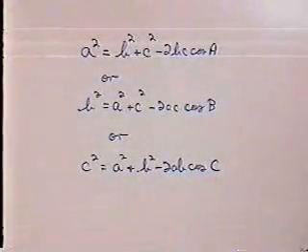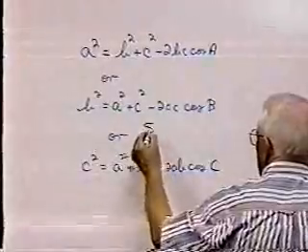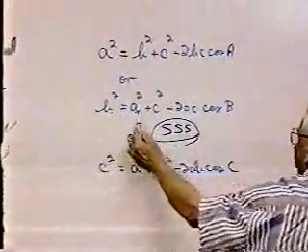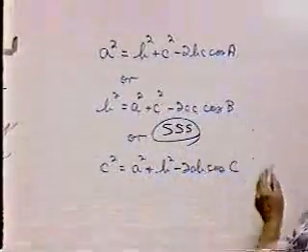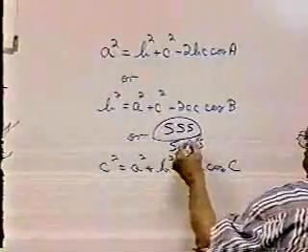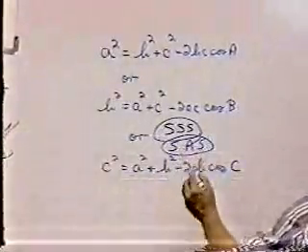Now, the law of cosines is only good if you're given 3 sides, because you can plug it in here, here, here, and here and go find the angle. Or if you're given 2 sides and the angle that's included. Listen closely.